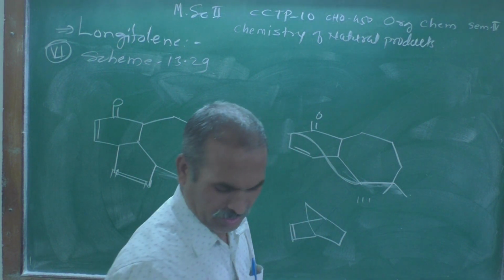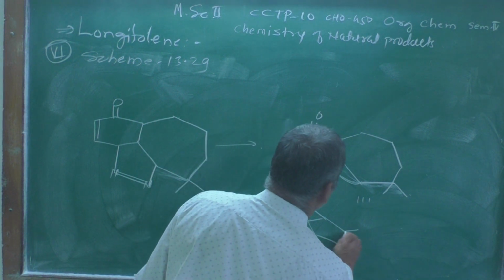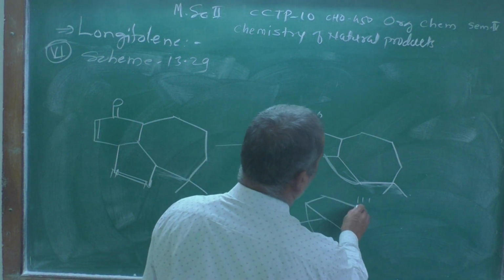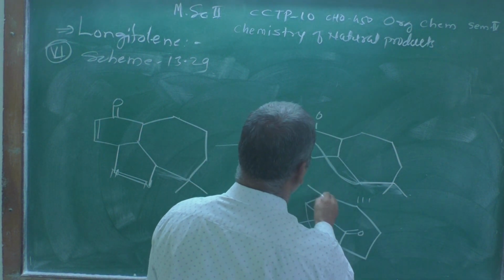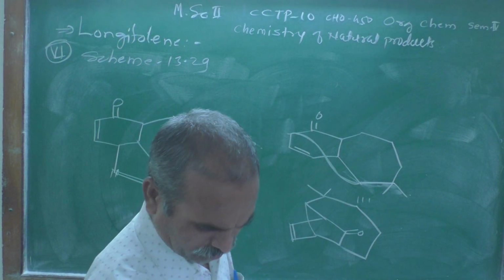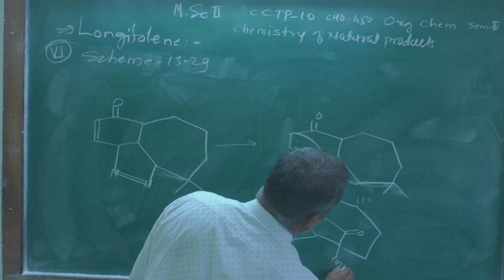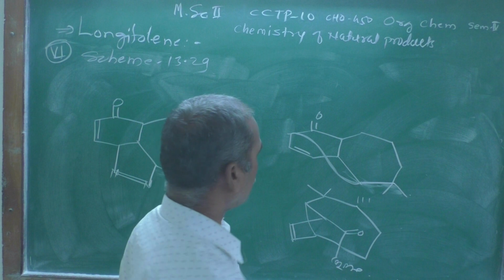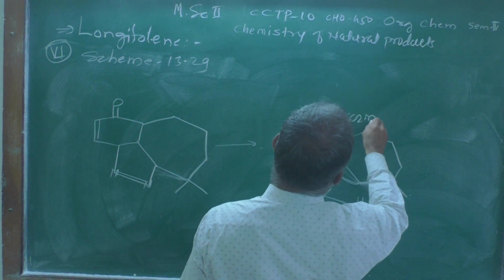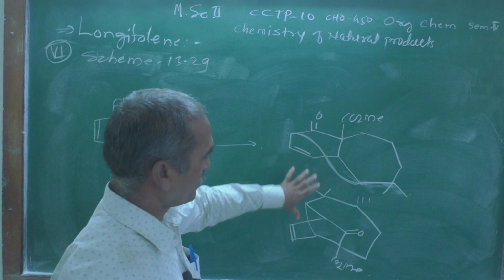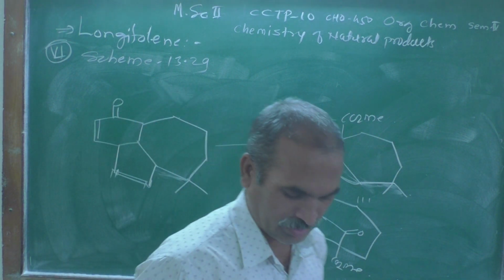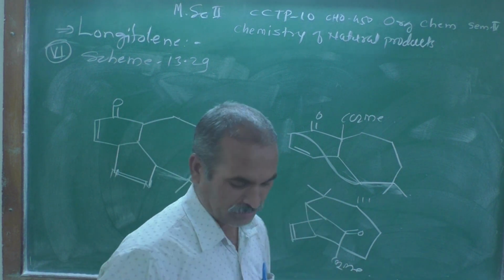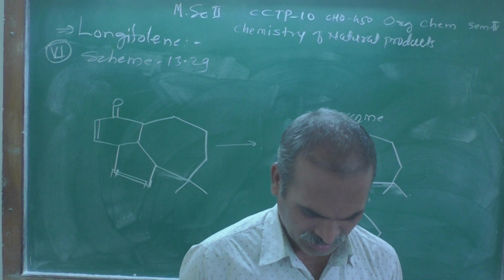The double bond is at this position, here is a carbonyl group, and here we can show the two methyl groups and a CO2Me. This is the compound which we have shown over here. At this junction, for clarity, the stereochemistry can be understood from this carbon skeleton.